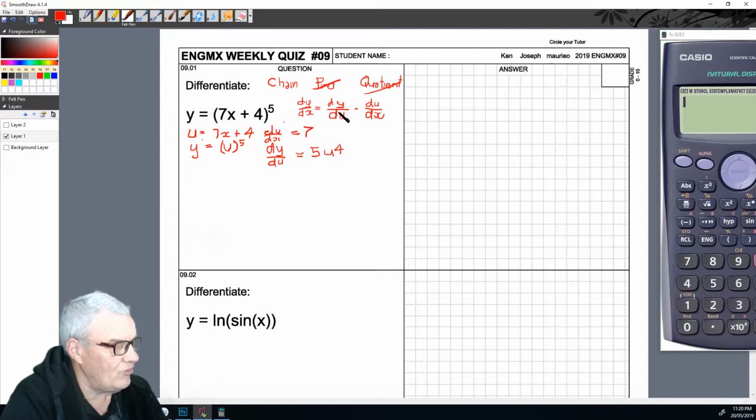Now putting those together, dy by dx, which is what we're trying to find out, the differentiation of y with respect to x, which is the slope of the graph at any point x, equals dy by du, which is 5u to the fourth, times 7. Working on that, 7 times 5 is 35.